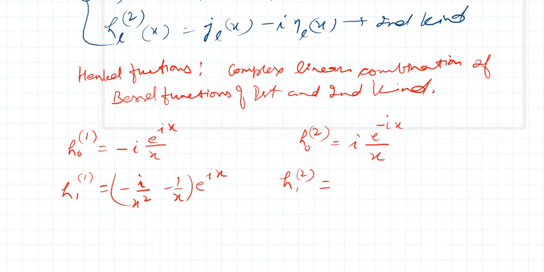This H12 is equal to what? It is iota over x square minus 1 over x and e raised to power minus iota x.